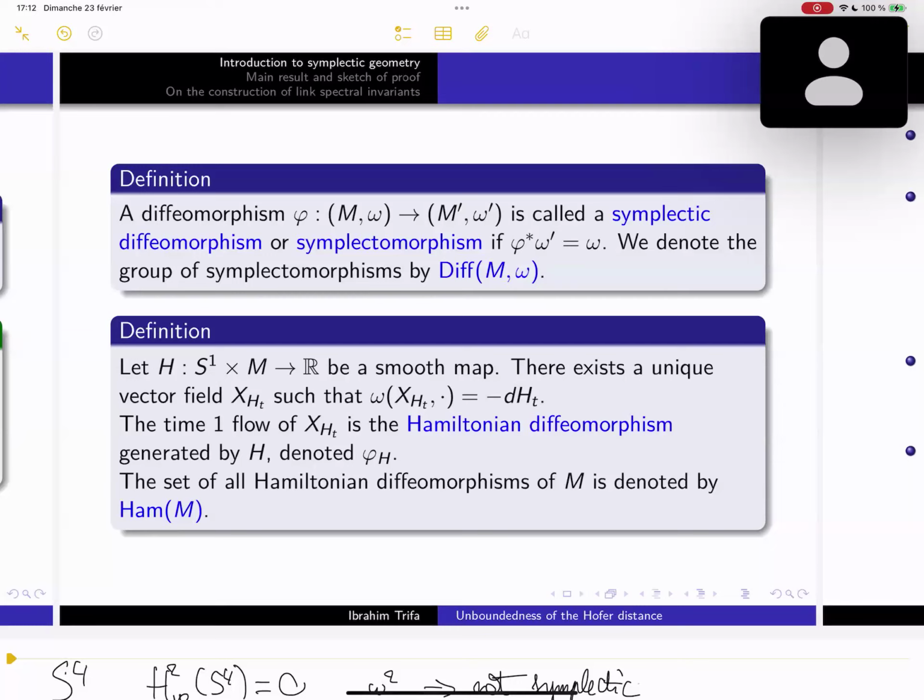Now that we have this vector field X_H, we can look at its flow, and we will say that the time one map of this flow is the Hamiltonian diffeomorphism generated by H, and we will denote it by phi_H. Let me give a motivation behind this definition.